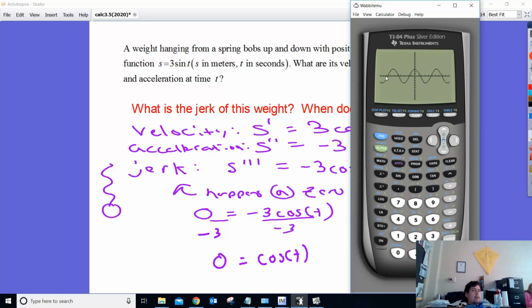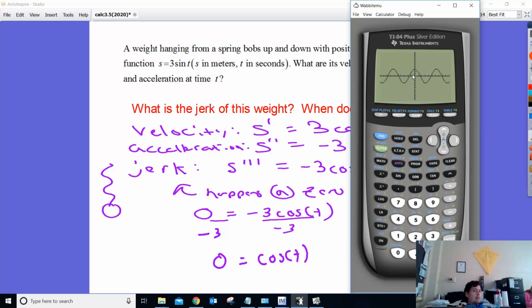Think about it. Things going up, and it pauses for a moment in time, and then gravity pulls it right back down, right? There's a jerk there. It's going down to the end of the spring, it pauses for an instant in time, and the spring pulls it back up. There are lots and lots of places where there are jerks, because it's going up and down and up and down and up and down.